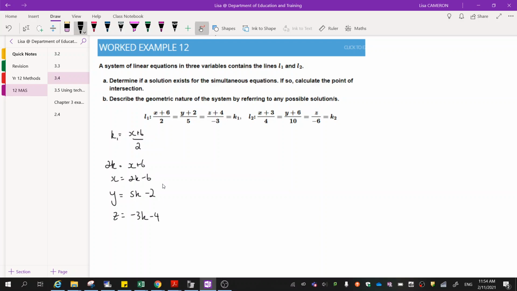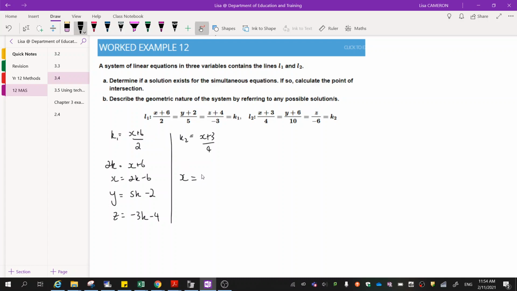Okay, so these are our three equations that we can use to describe the path of L1. Now for L2, we're going to do the same thing again. It's going to be equal to k, so (x + 3)/4. Now, like before, I'm not going to show you all the working. I'm going to jump straight to the answers.